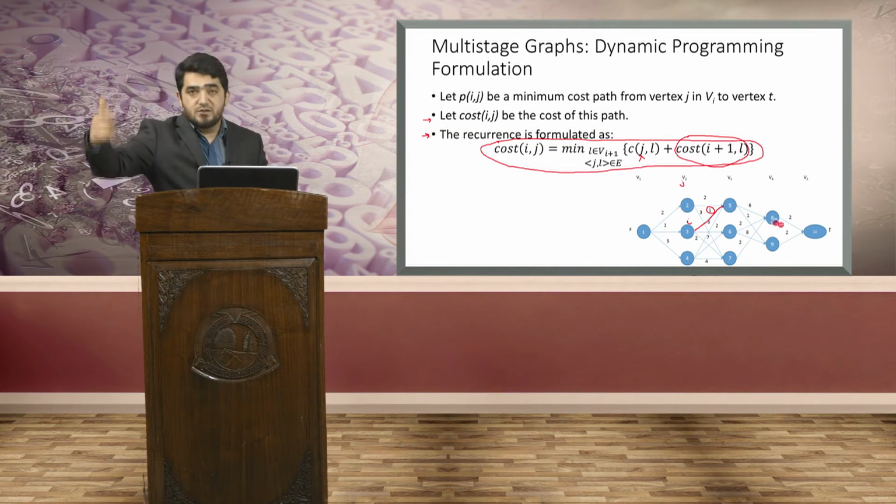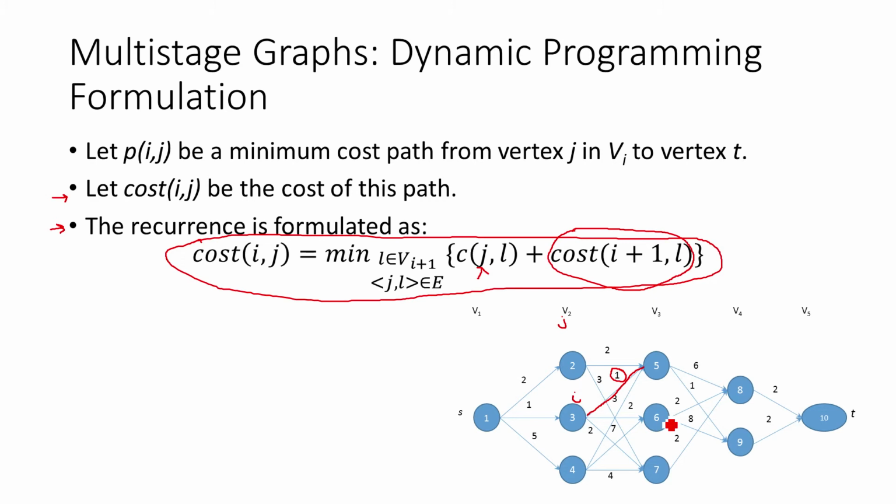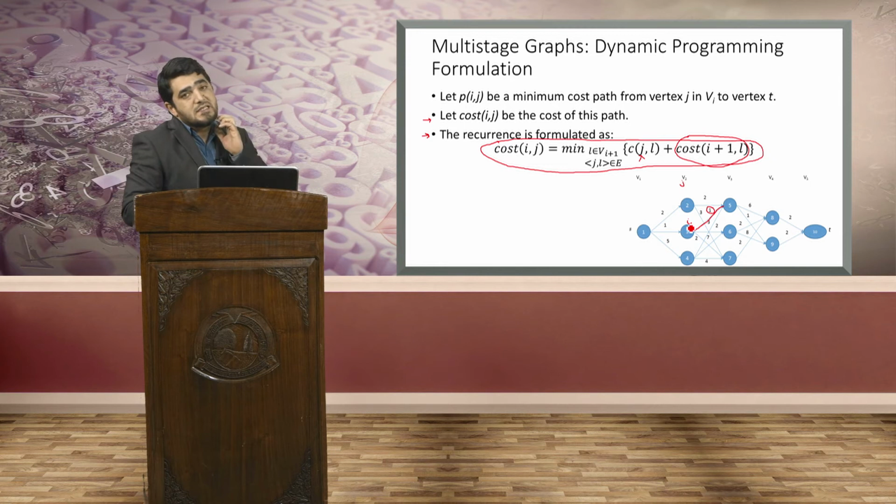Again, that will be solved recursively. Similarly, we need to find the cost of going from node number 6 in the next stage to the final node. Again, that will be solved recursively. Similarly, we will have to find the cost of selecting node number 7 in this particular stage to go to the last node in the final stage. So that is what the recurrence basically means.